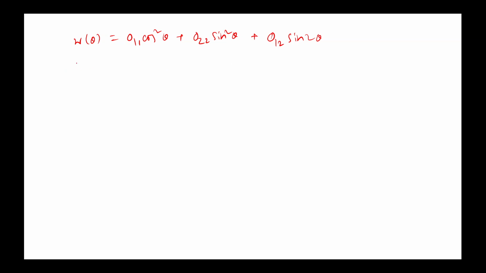Now we have to find the optimal condition, so we do d omega theta by d theta equal to 0.